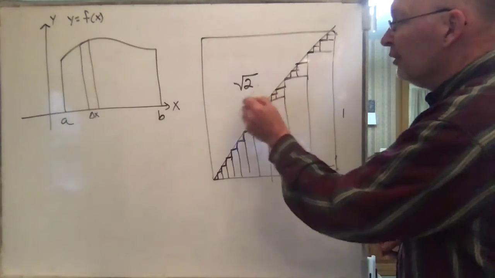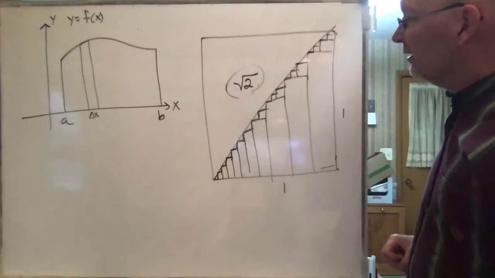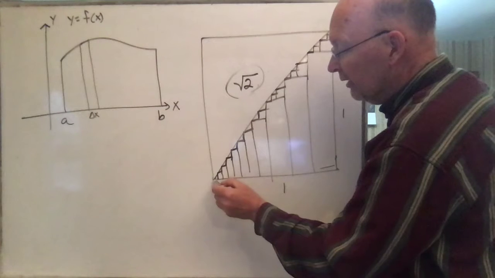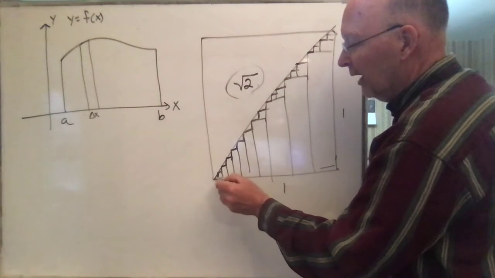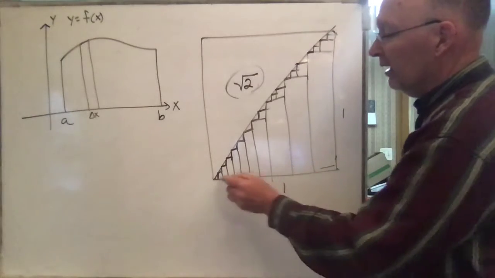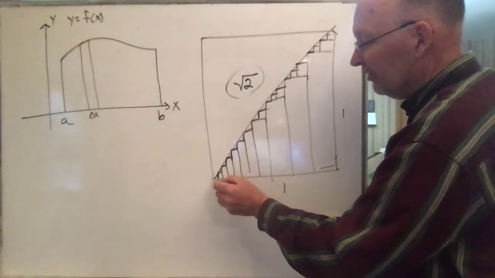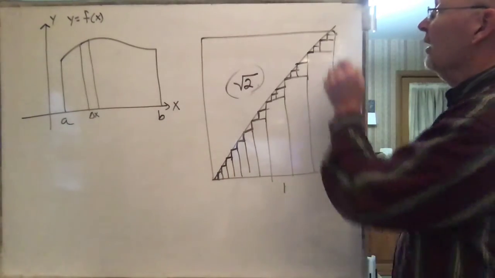Am I getting closer and closer to the square root of 2 as I stay closer and closer to this diagonal line? No, look at here. I'm always going either to the right or I'm going up. And so I add all those lengths going to the right and I add all those lengths going up, and all the lengths going right are going to add up to 1, and all the lengths going up are going to add up to 1.